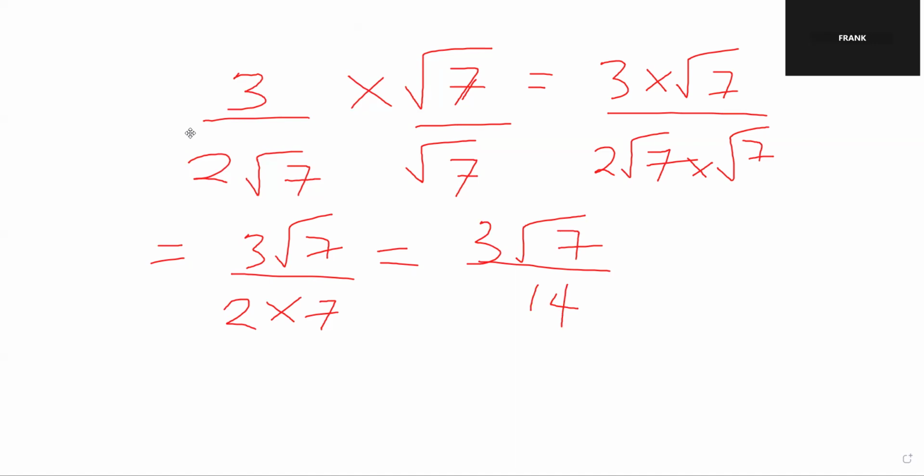So, what if there is a 2-term expression as your denominator? Let's say you have 2 out of root 3 minus 5, and you are asked to rationalize this. Once the terms are 2, note it, you are going to multiply by root 3.